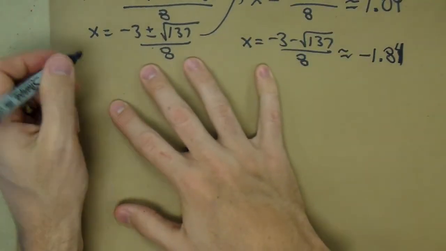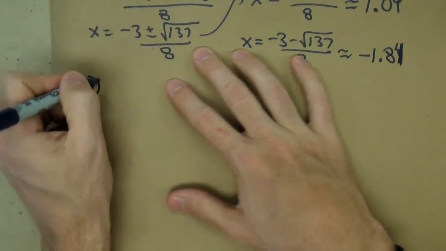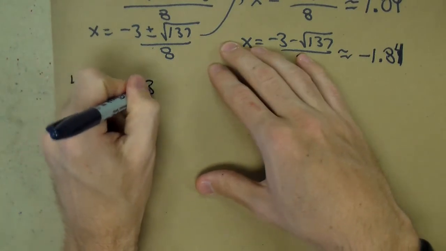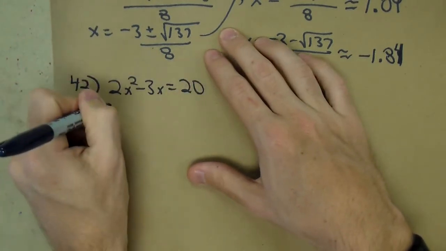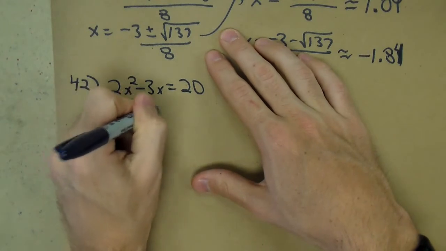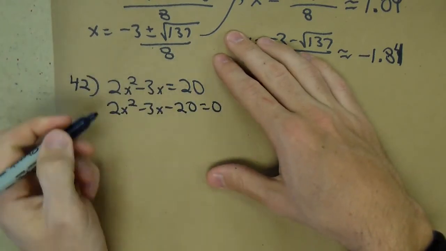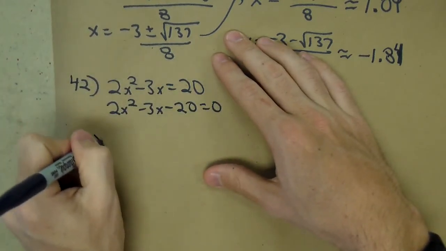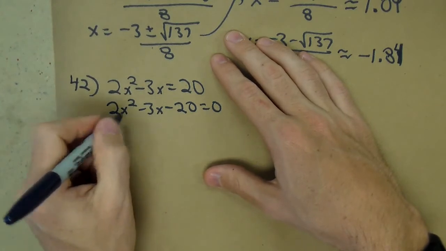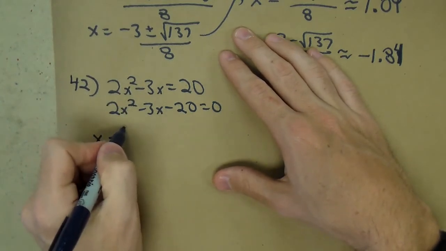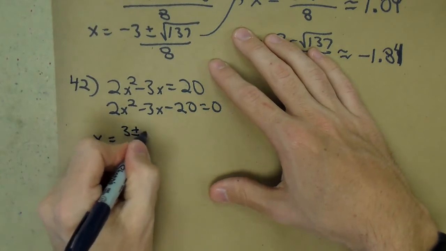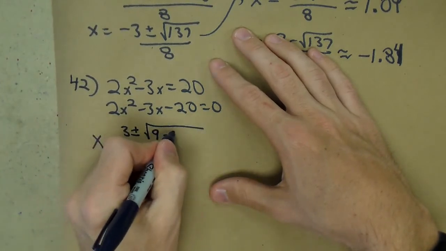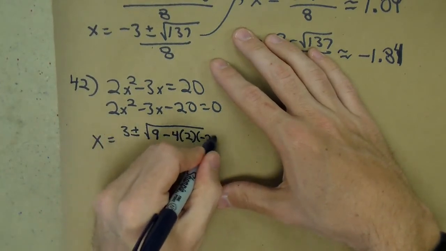Let's go to 42. 2x squared minus 3x equals 20 becomes 2x squared minus 3x minus 20 equals 0. In our quadratic formula, we're going to do the negative of a negative b, which is positive, so it's going to be 3 plus or minus the square root of 9 minus 4 times 2 times negative 20.